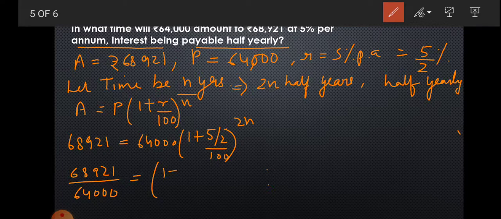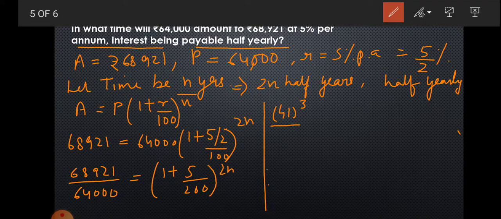Now solve this, we get 5 upon 200 raised to the power 2n. 68,921 is the cube of 41 and 64,000 is the cube of 40, is equal to, take LCM, 200 plus 5 upon 200 raised to the power 2n.